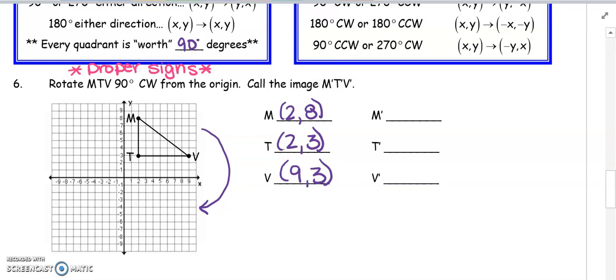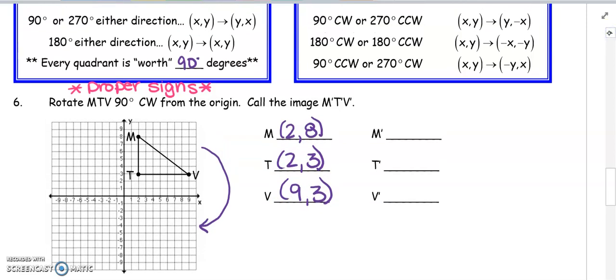M prime them. Since we are dealing with a 90-degree rotation, we take the 2 and the 8 and we switch them. But since we are in quadrant 4, all of the X values are positive, all of the Y values are negative, which means I have a positive 8 and I have to have a negative 2.